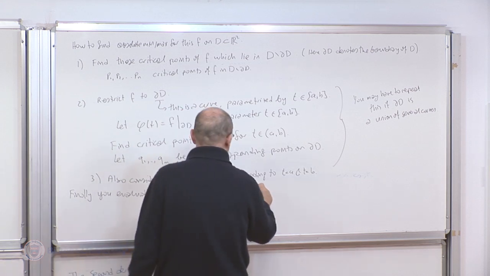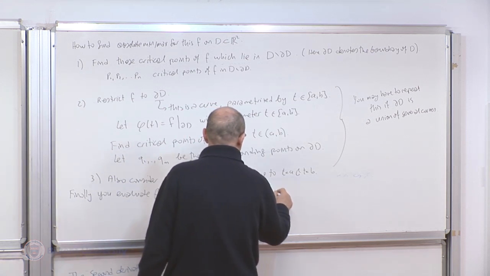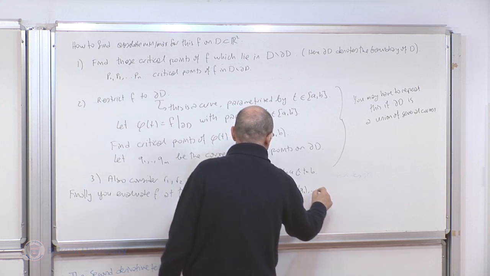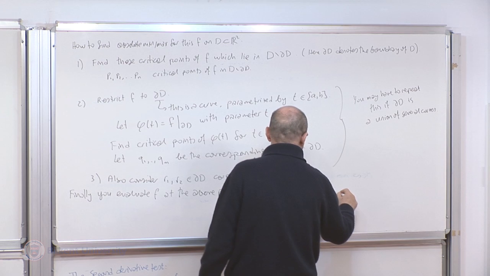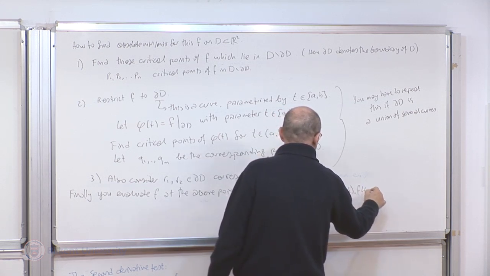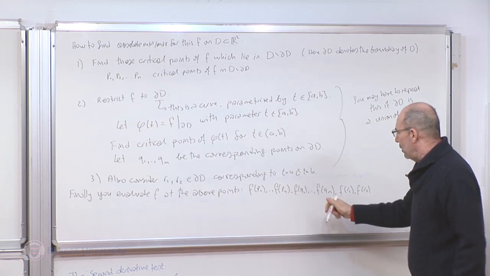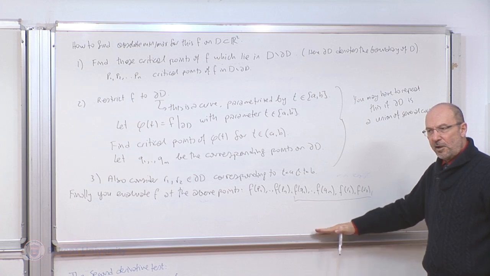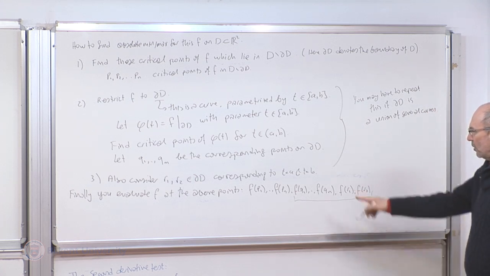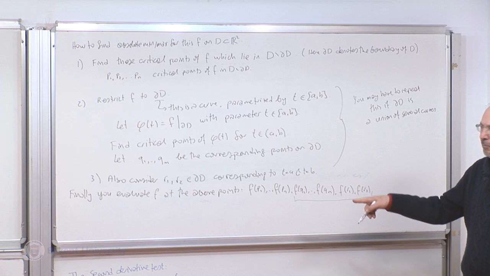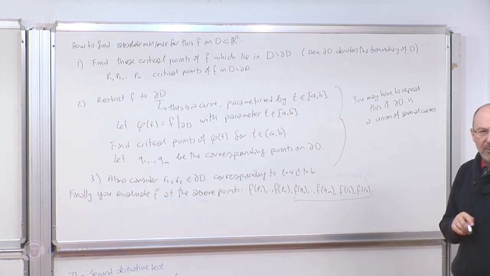Okay, so f of p1, up to f of pn, f of q1, up to f of qm, f of r1, f of r2, and if you repeated these, then this part will have another list here. Now calculus tells us that you have only finitely many points here. There is a maximum and there is a minimum. So those numbers are the global minimum and maximum of f.